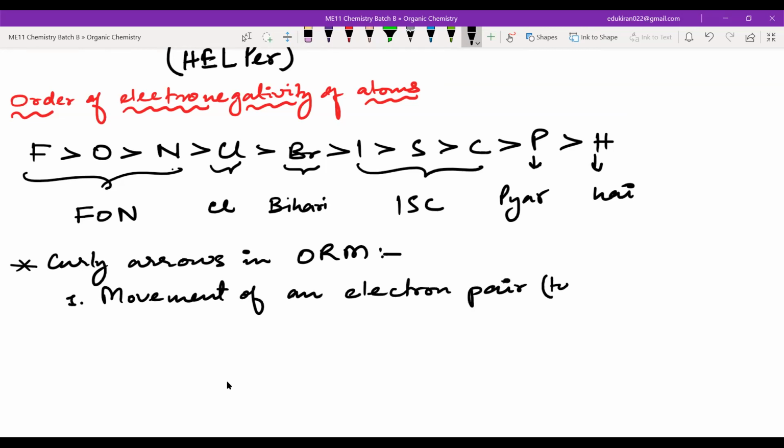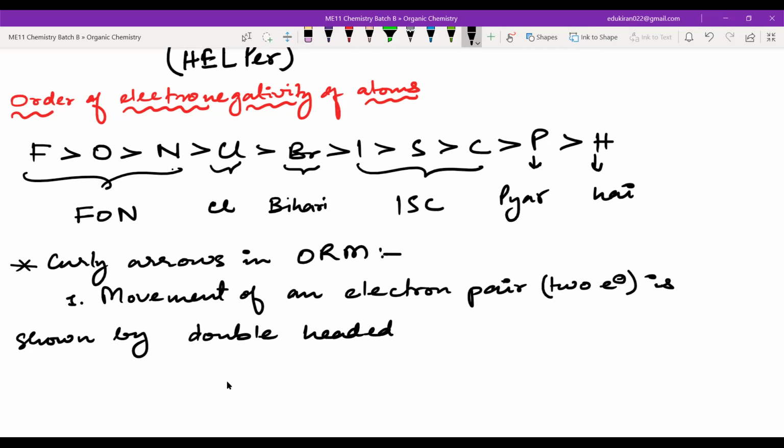That means how many electrons? 2 electrons is shown by a double-headed arrow. Okay, like this. Movement of an electron pair is shown by a double-headed arrow.